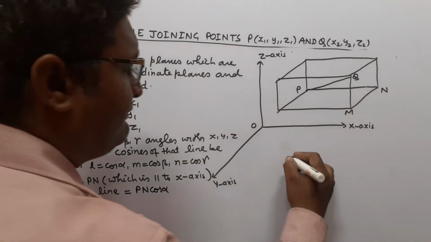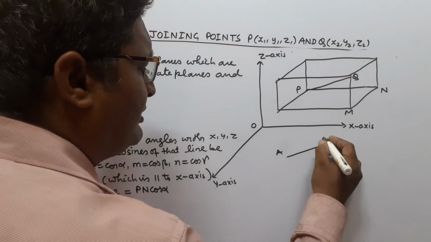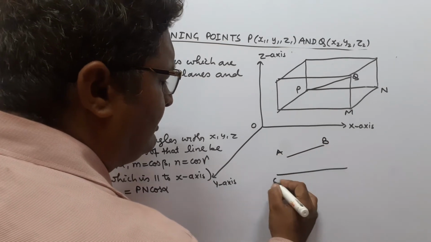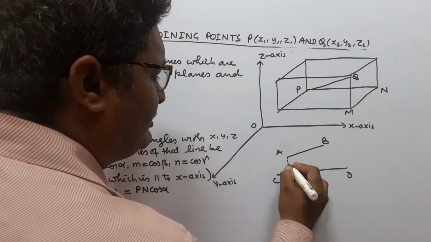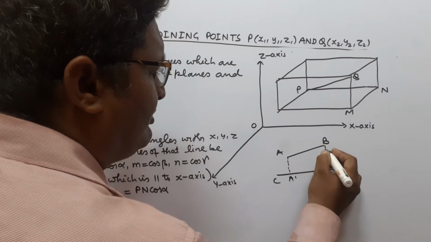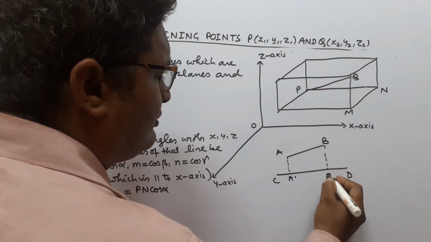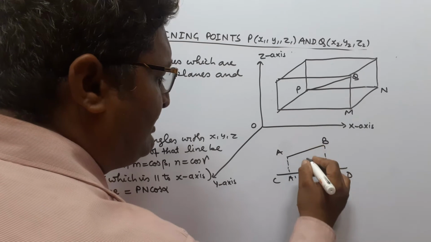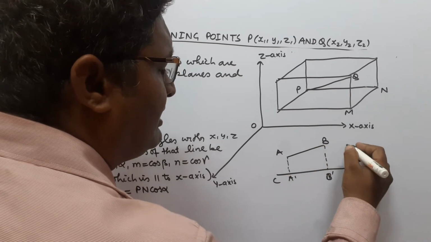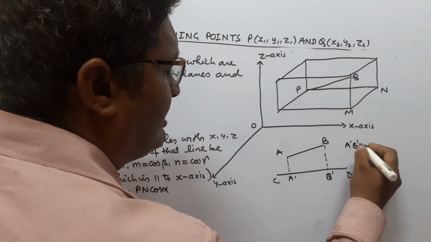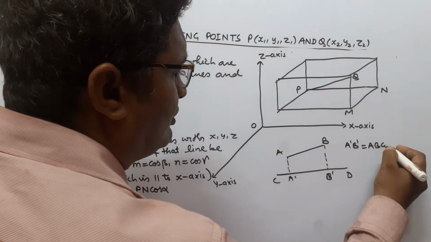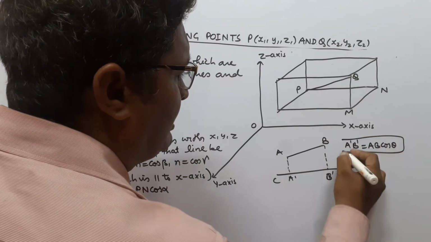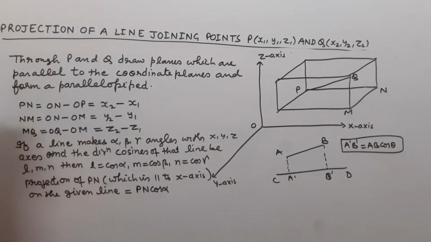Since we know that if there is some line segment AB and this is line CD, and the projection of A is A dash and B is B dash, then the projection of segment AB on line CD is A dash B dash, equal to AB cos theta, where theta is the angle between the lines AB and CD.